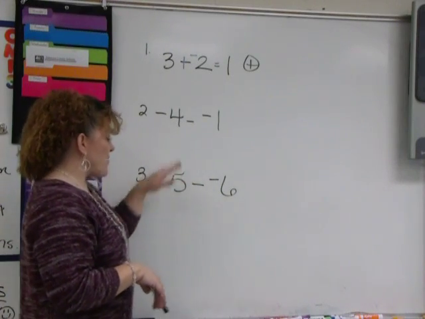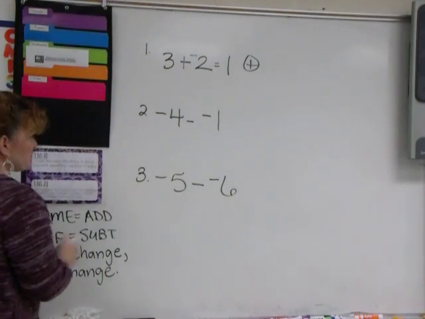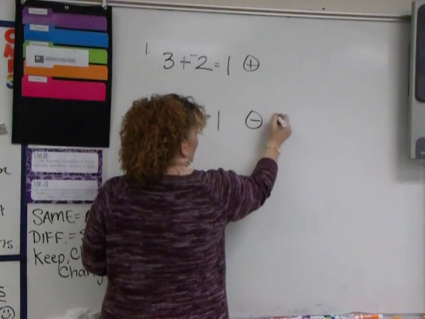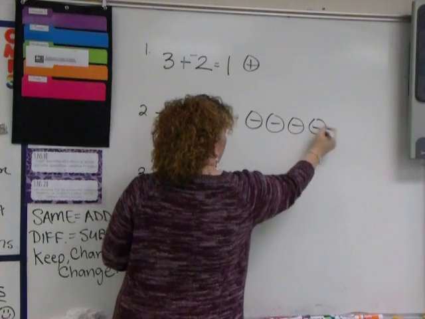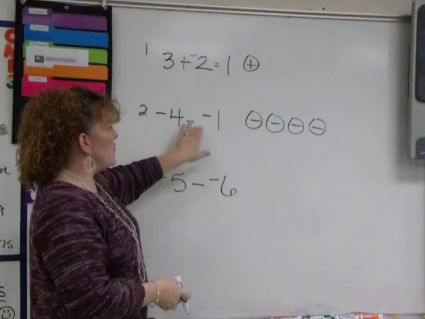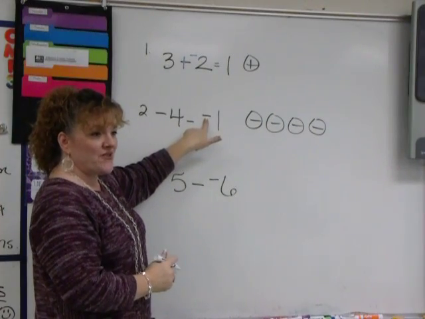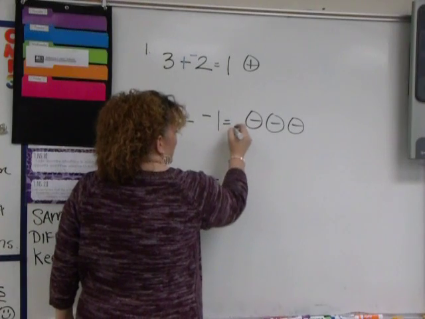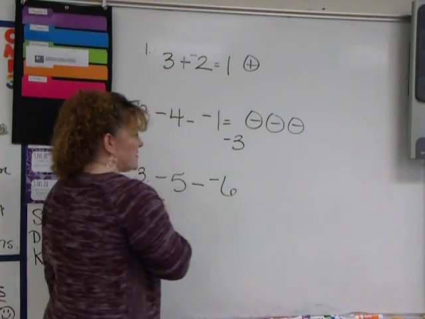So now when we're subtracting number 2, I start with 4 negative chips. 1, 2, 3, 4 negative chips. It tells me to remove 1 negative chip. Can I do that? Yes. So my answer is negative 3 chips.